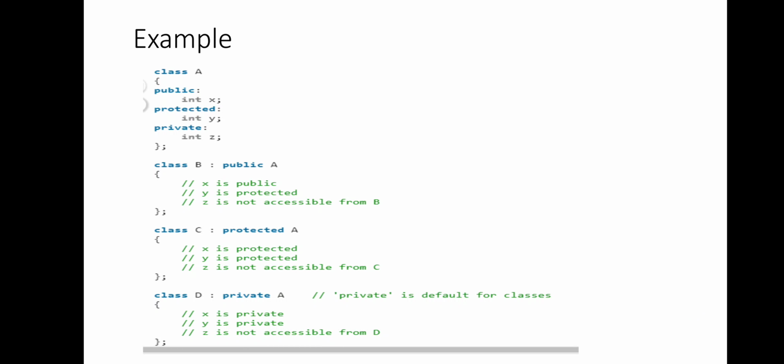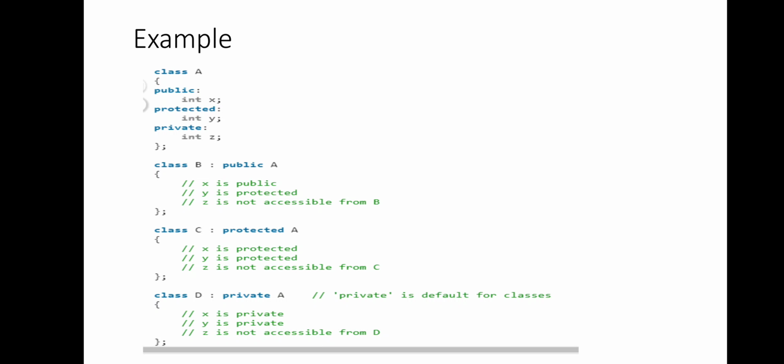In class B, that is public to A, X is public so accessible, Y is protected, Z is not accessible.